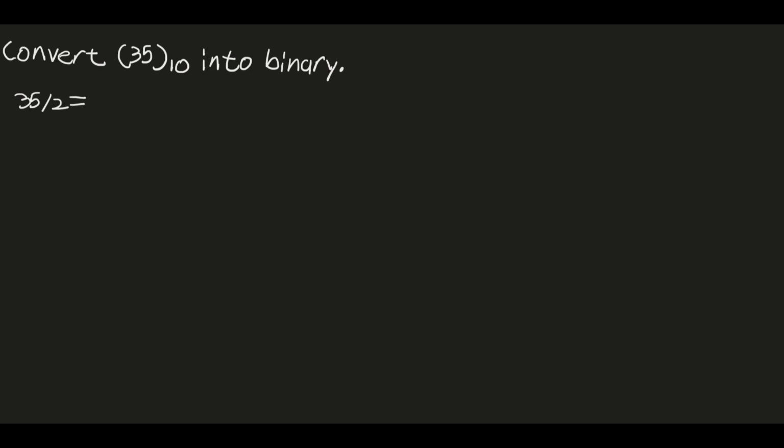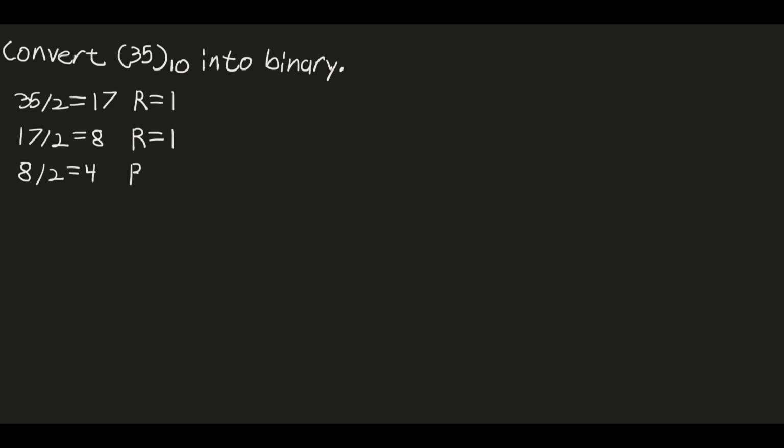35 divided by 2 is 17, and the remainder is 1. Then we want to divide 17 by 2, which is 8, and the remainder is 1. 8 divided by 2 is 4.